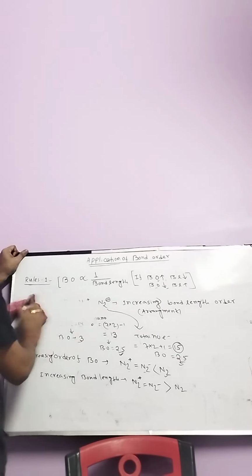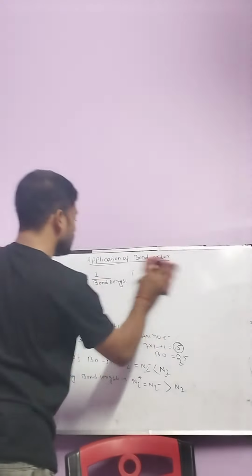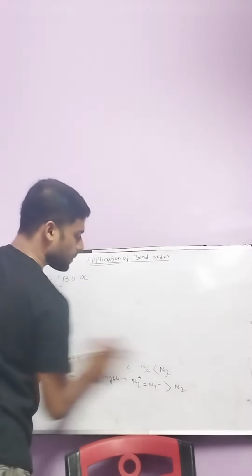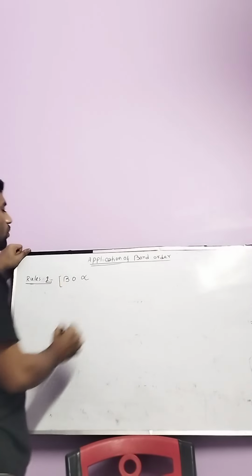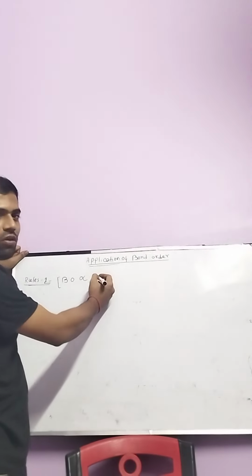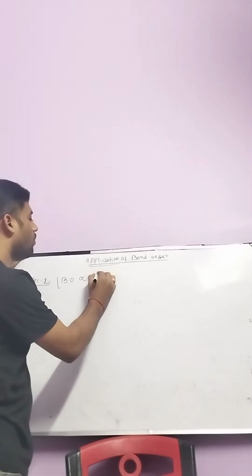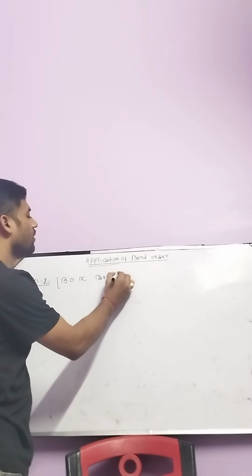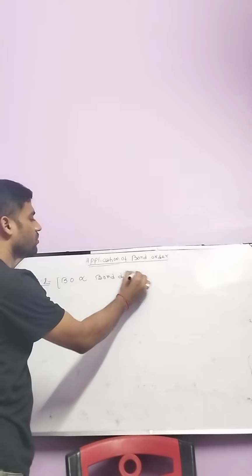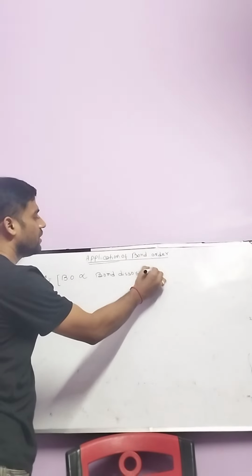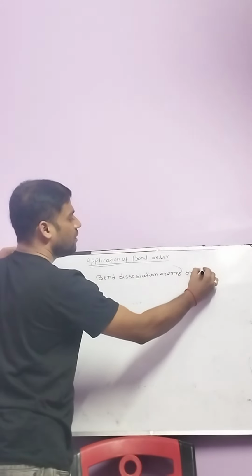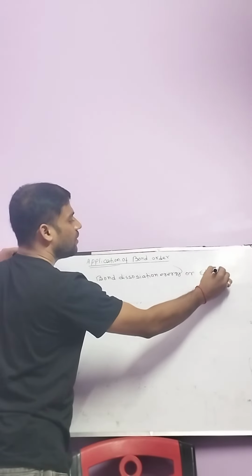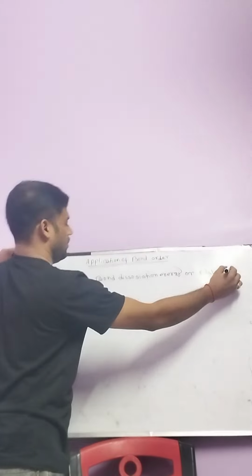Next, bond order rule 2: bond order is directly proportional to bond dissociation energy, or stability. What is the meaning?